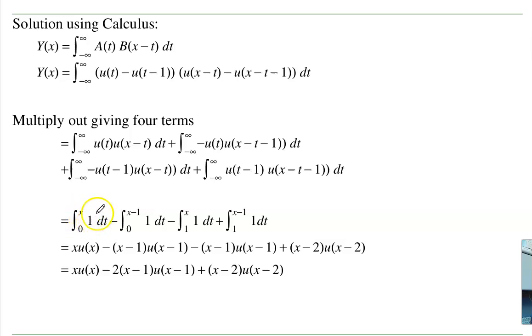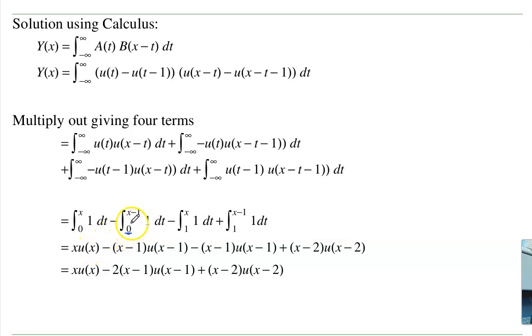the integral of 1 between 0 and x. This guy is, we'll bring the minus sign outside, 0 for t less than 0, that's at this point, 0 for t greater than x minus 1, so it's the right endpoint of 1. Likewise for these terms. Now the integral of 1 between 0 and x is just x, providing x is bigger than 0.